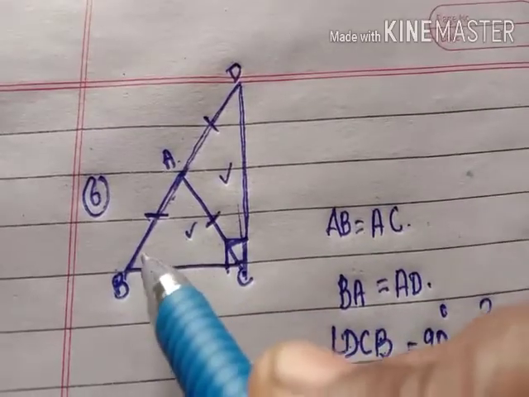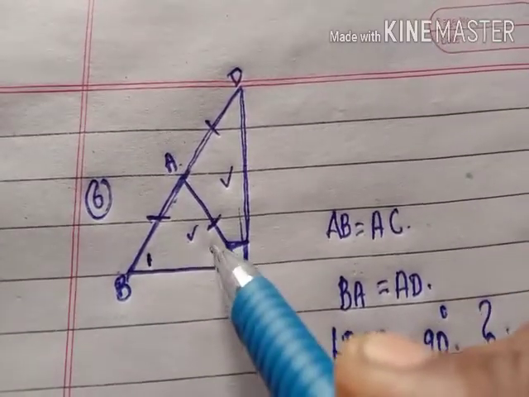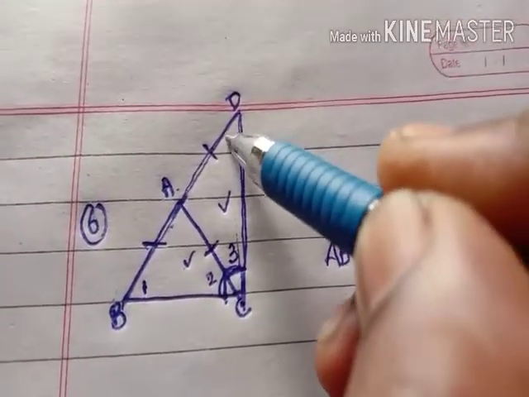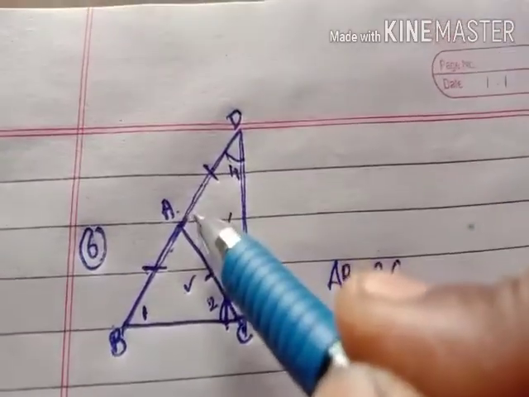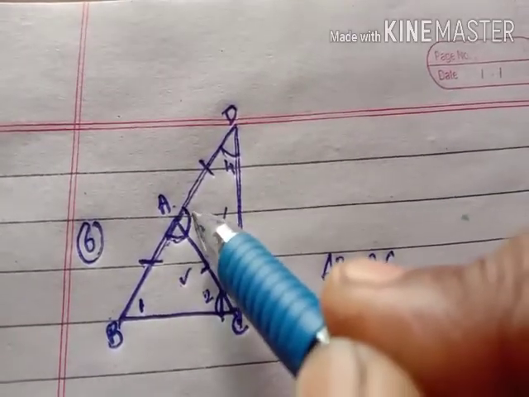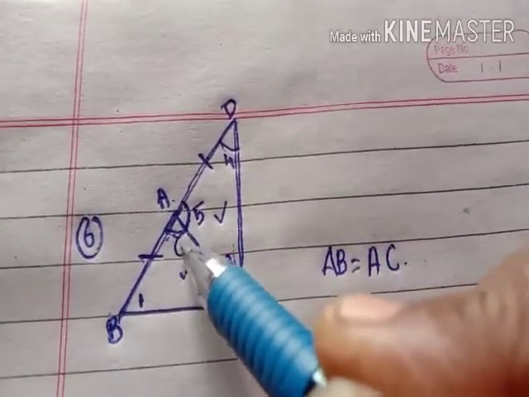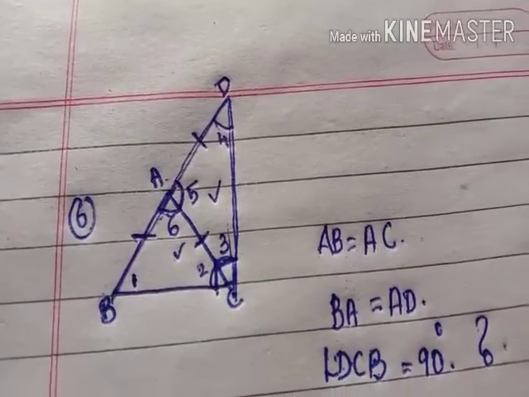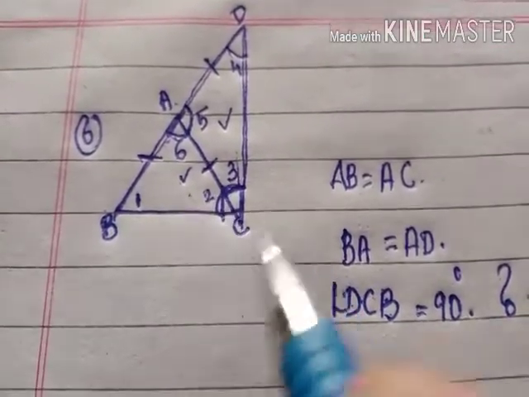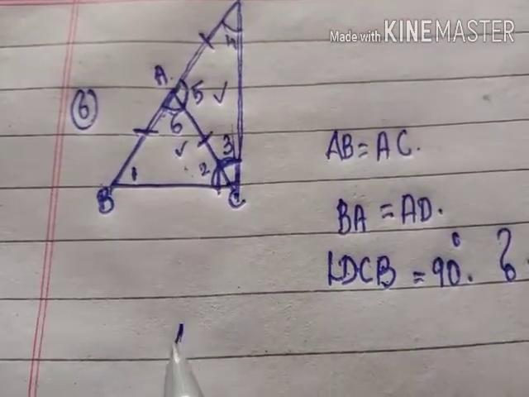Now let us consider triangle ABC and triangle ACD separately. Before that, I am going to assign angles for our convenience. Look here: angle 1, angle 2, angle 3, 4, 5, 6. Now take the triangle ABC.